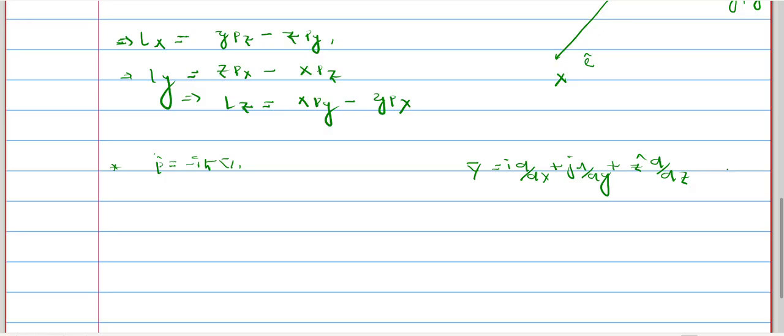So similarly, Px equals minus i h-cut d by dx, Py equals minus i h-cut d by dy, and Pz equals minus i h-cut d by dz.